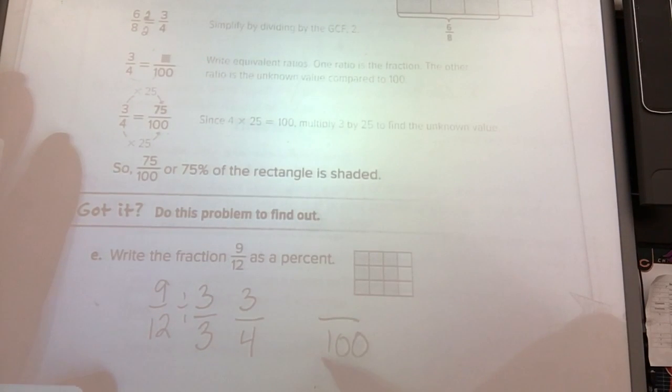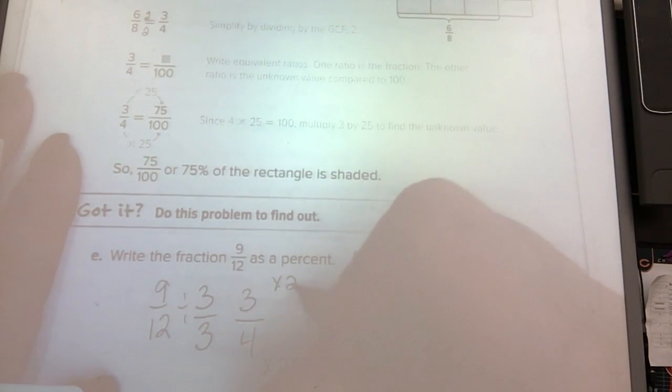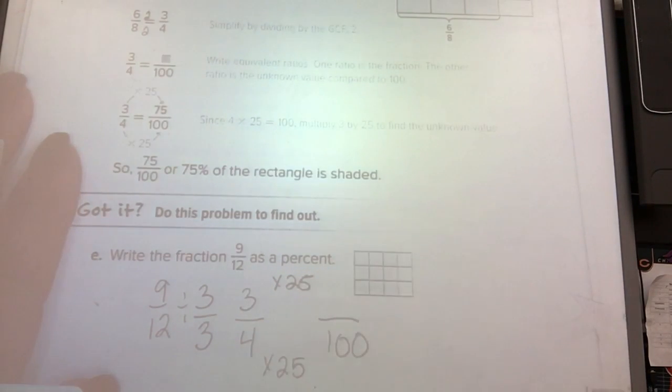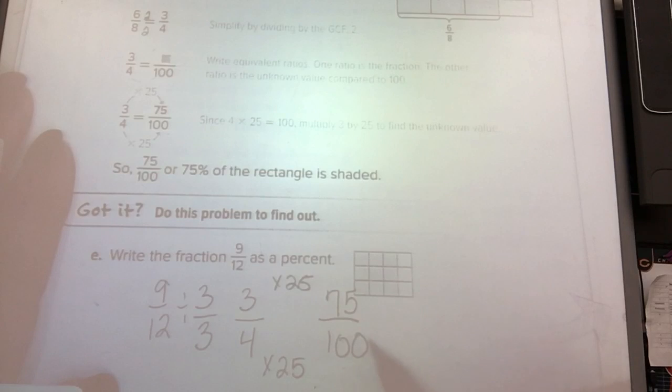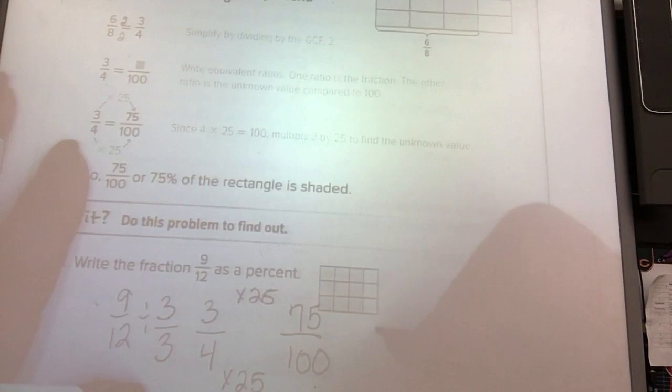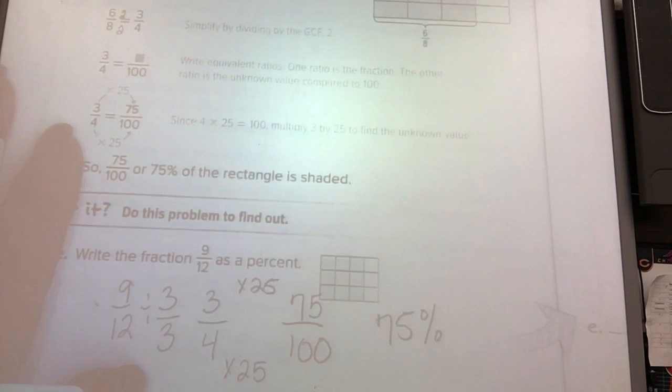How many quarters to get to 100? 4. So what you do on the bottom, times it by 4 on the top, and 3 quarters would give you 75 cents, or 75. So how much is shaded? 75%. Because percents are always out of 100.